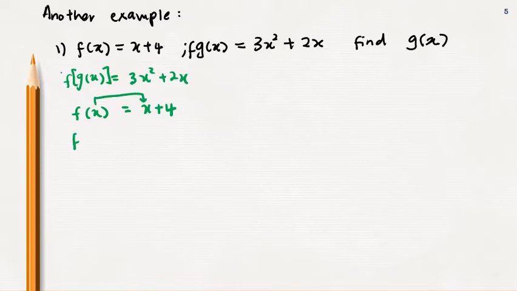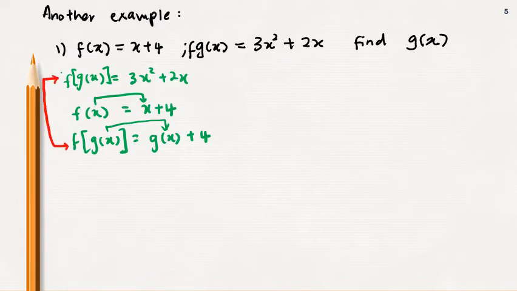Okay, what if we replace this x with g(x)? So, it will become g(x) plus 4. So, this one we replace with the one above. So, we have to compare fg(x) with the one above. Compare number 3, then write the other way. So, I know that g(x) plus 4 is actually equal to 3x square plus 2x.